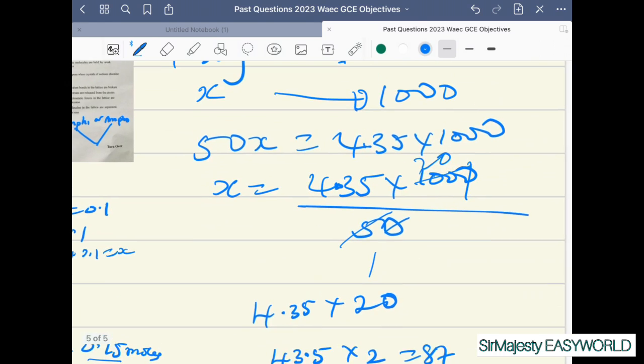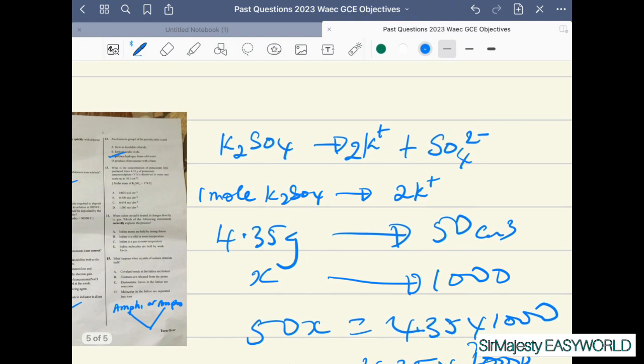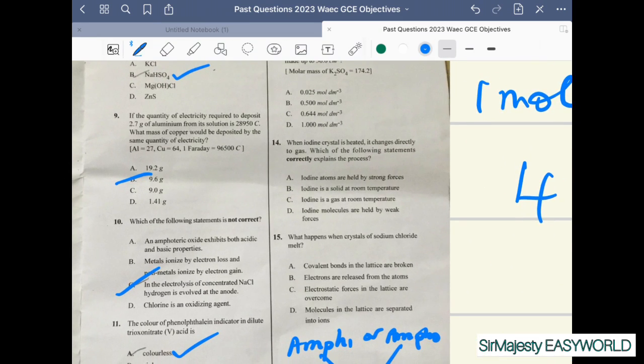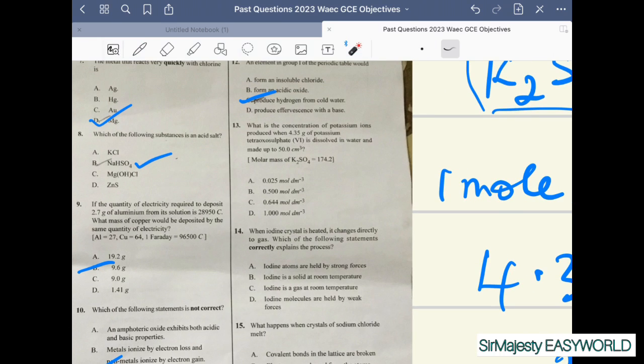Therefore, from the equation here, we discover that 1 mole of this will give us this. Then convert this mole to mass. The molar mass of K2SO4, I think they gave us that. Yes, they say it is 174.2.